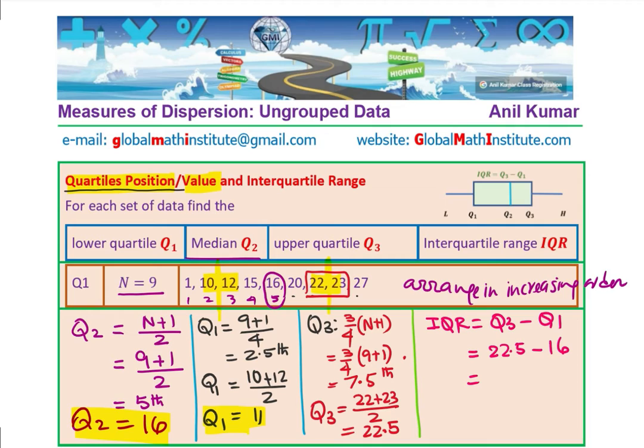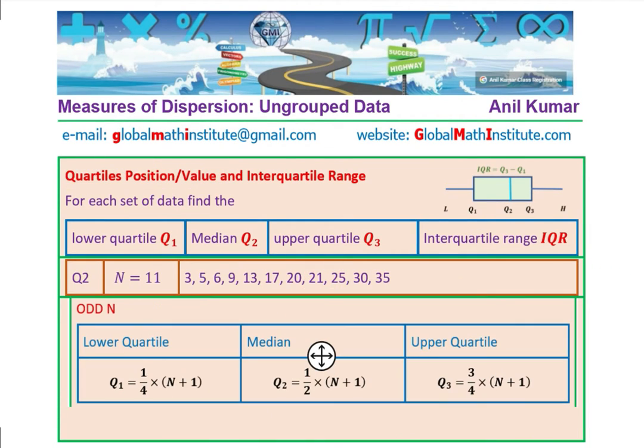It is 13 by 2, half of 13, or basically 6.5. So IQR is 6.5. Is that clear to you? Perfect. So you see, first we find the position, then the value.